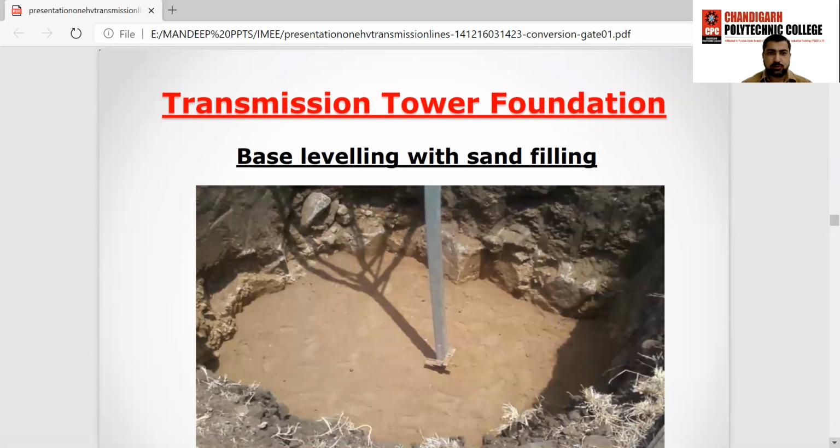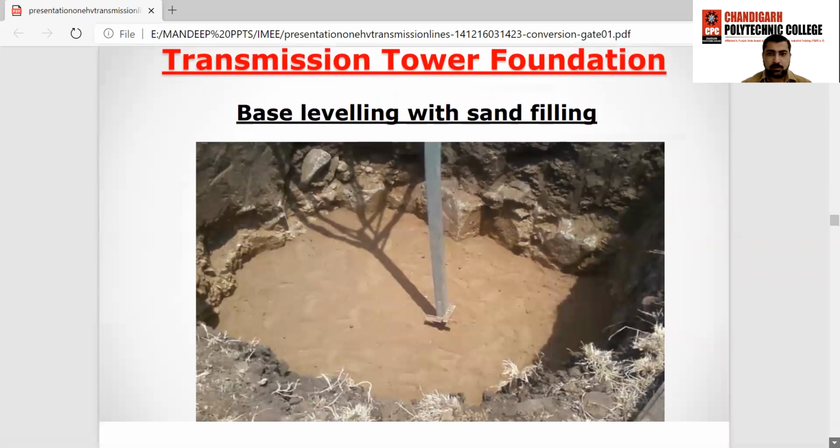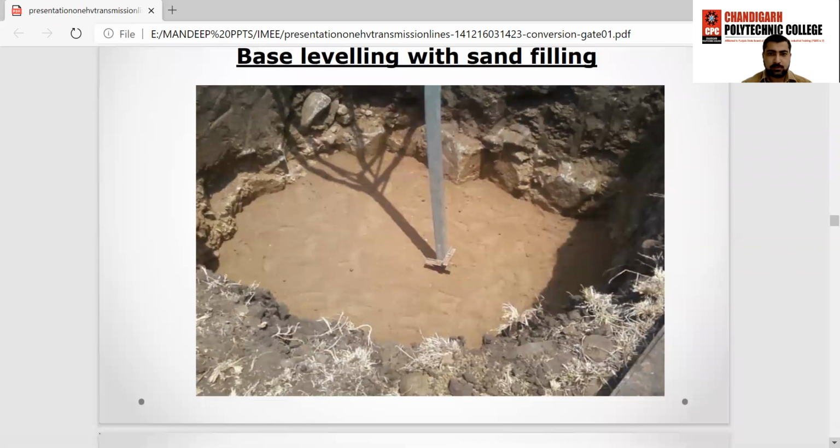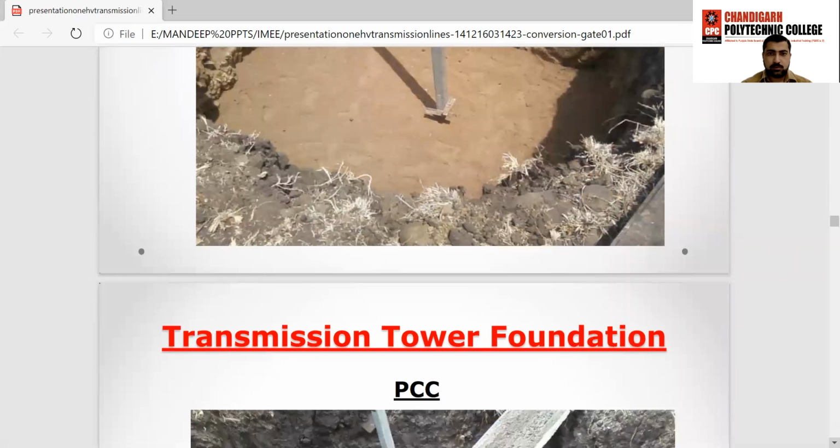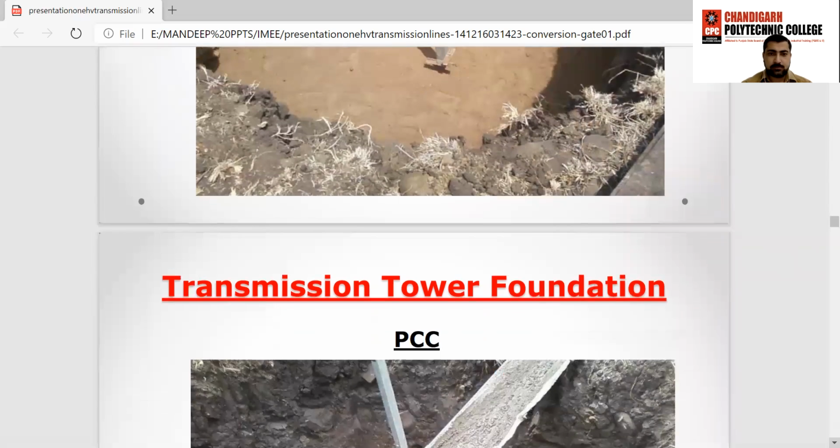This picture belongs to base leveling with sand filling, to level the plinth or to level the foundation. We put the soil at the lower level to plane that area.